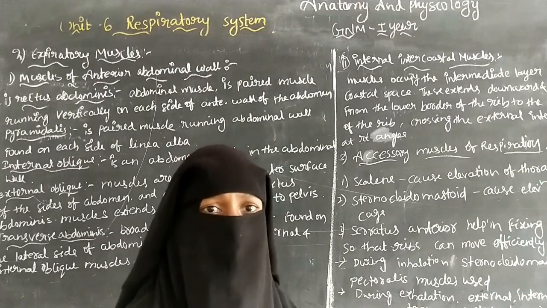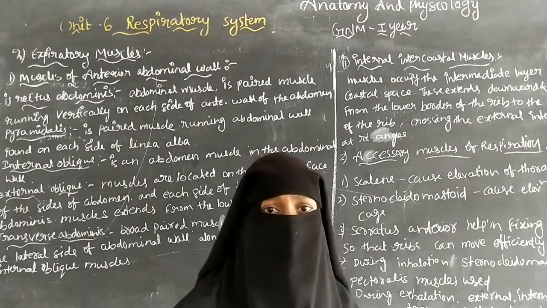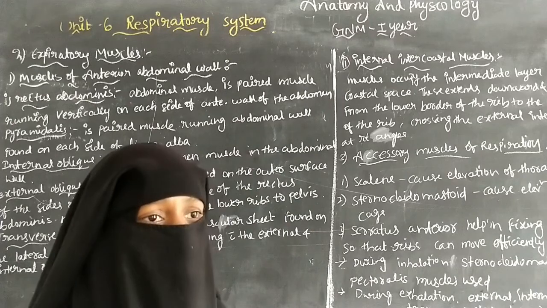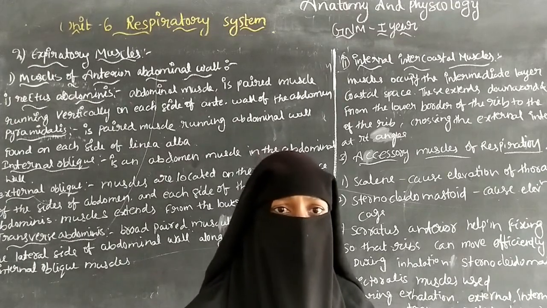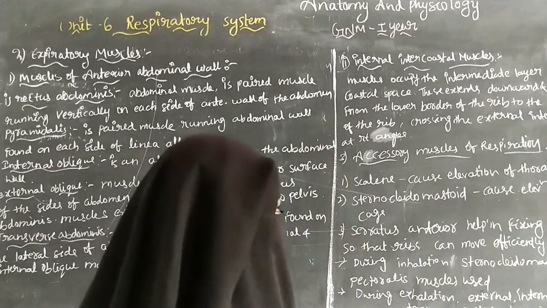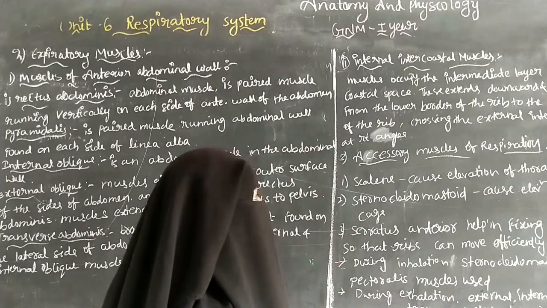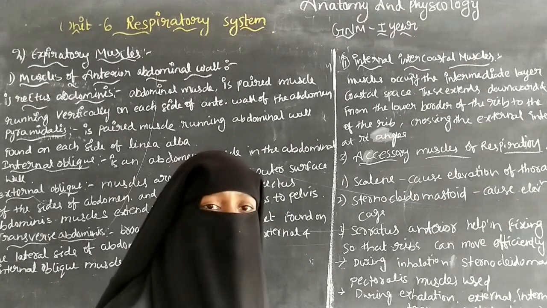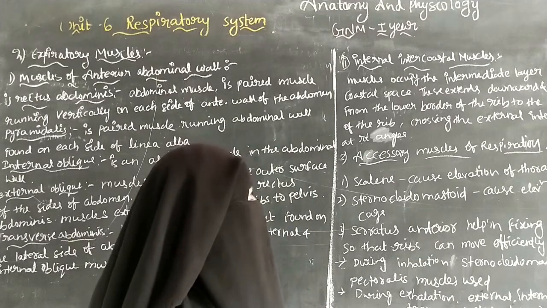The internal intercostal muscles pass from the lower border of one rib to the upper border of the next, crossing the external intercostal muscles at right angles.